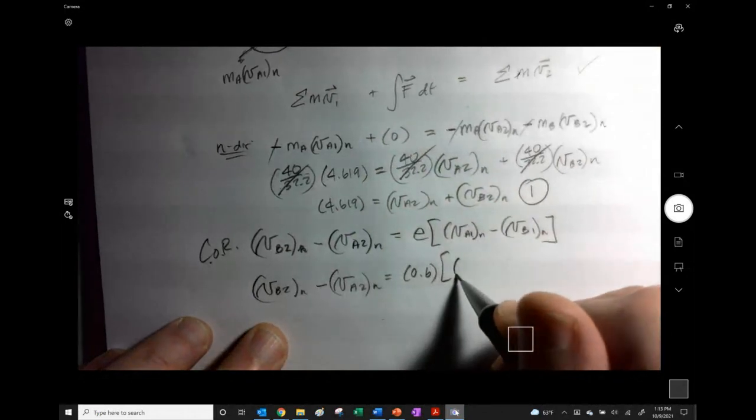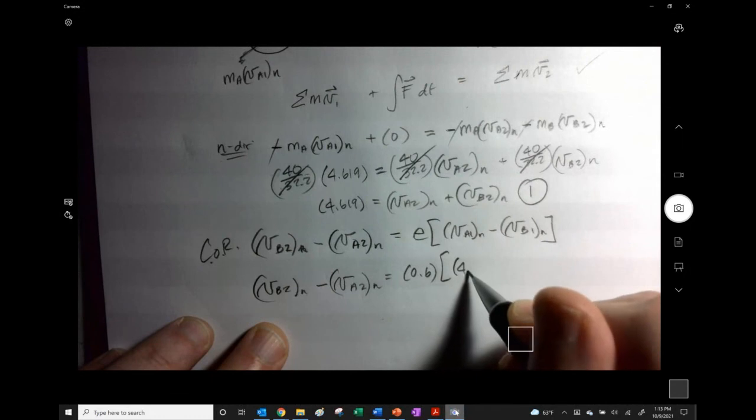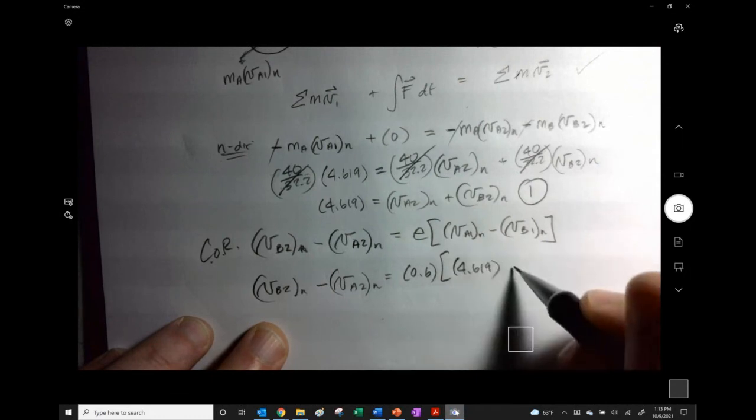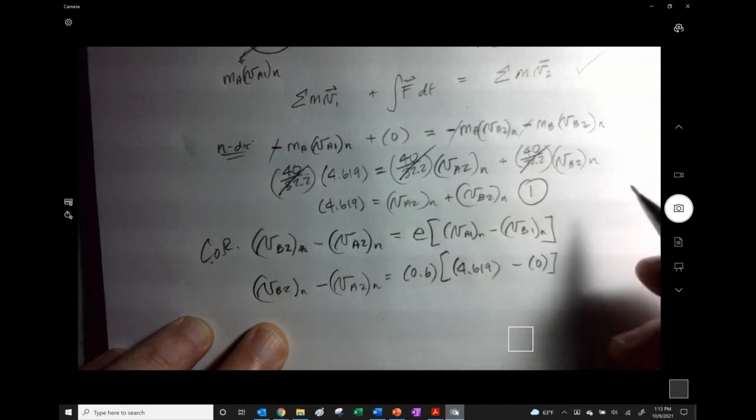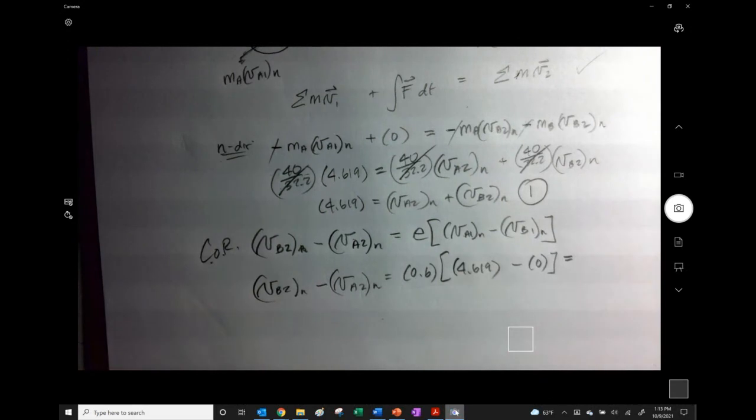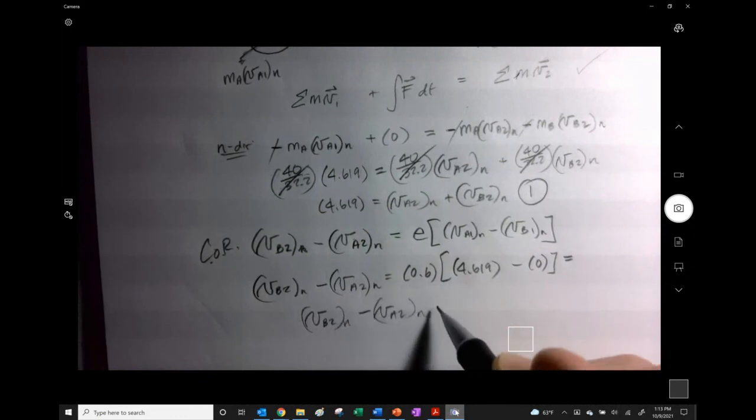So we'll put in our 4.619, and then this one is 0. So that just comes out with VB2n minus VA2n equals 0.6 times that 4.619.